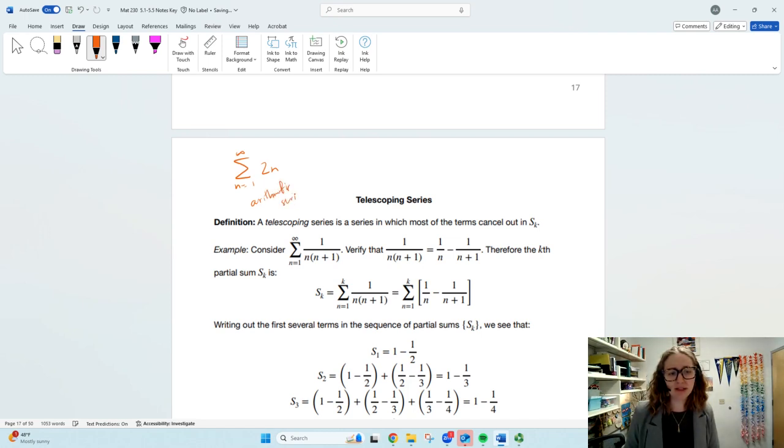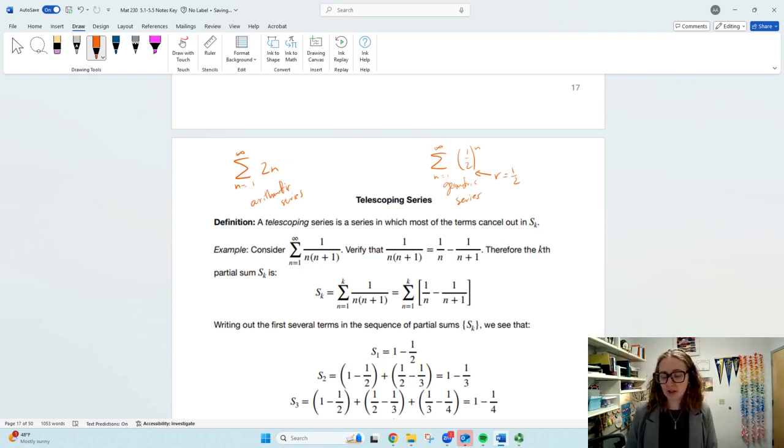And I can also have a geometric series, and that would look something like 1/2 raised to the n power. That 1/2 would be, I think we called that our ratio, our r value. And that again varies from 1 to infinity.